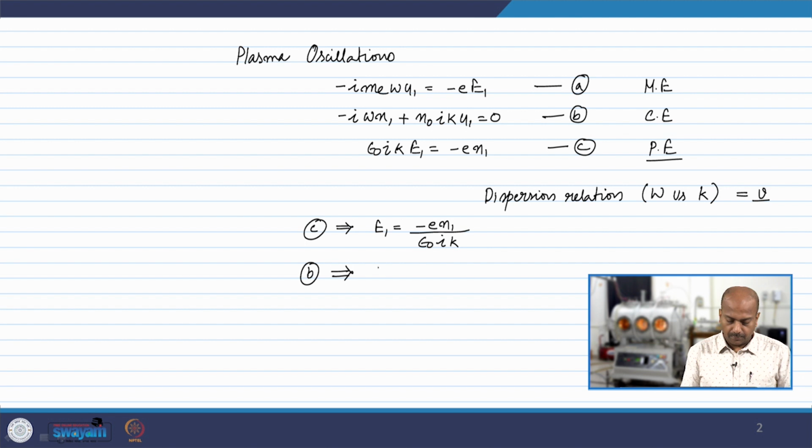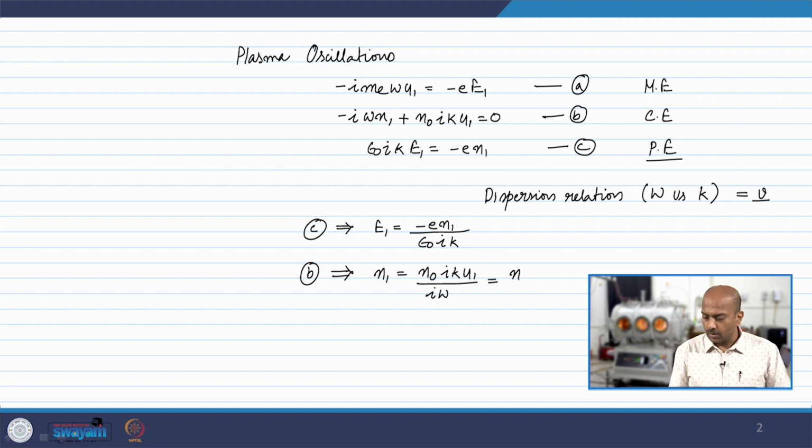we can write n1 is equal to n0 i k u1 divided by i omega, which is equal to n0 k u1 by omega.